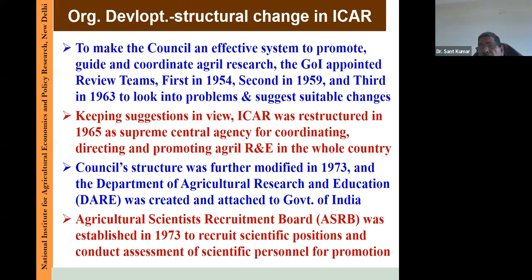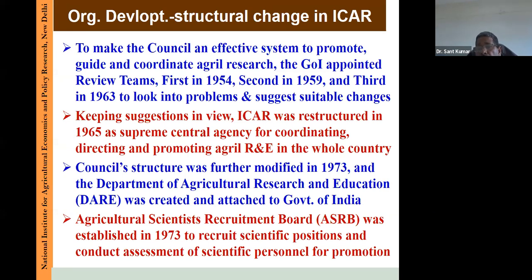Keeping the suggestions of the committees in view, ICAR was restructured in 1965 as the supreme central agency for coordinating, directing, and promoting agricultural research and education in the country.